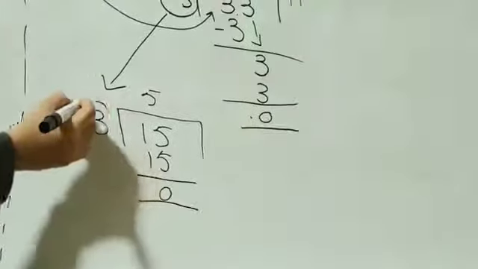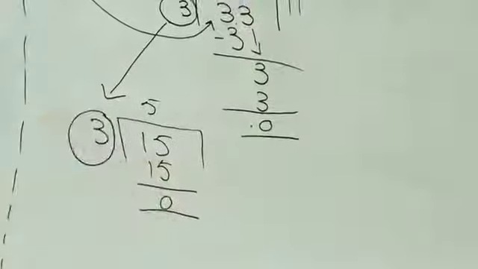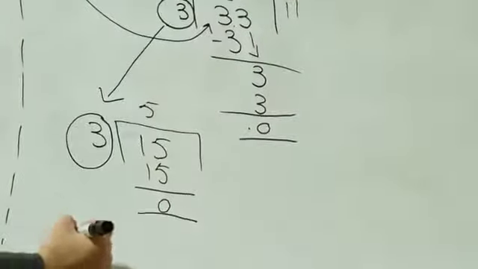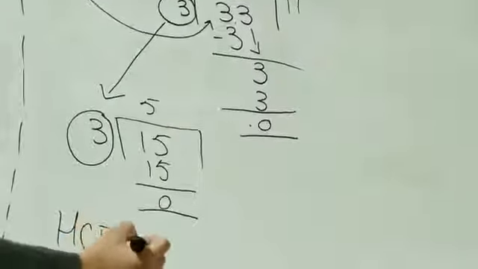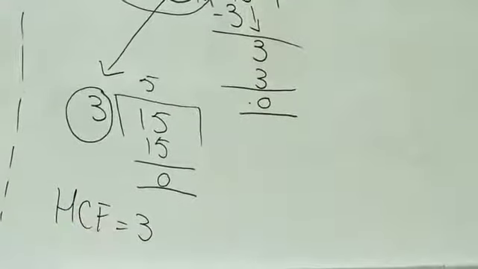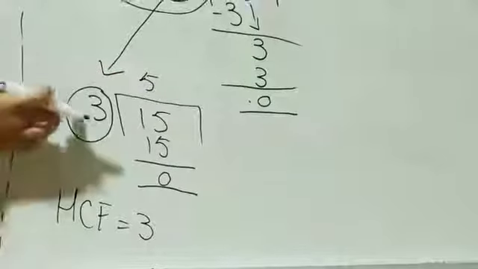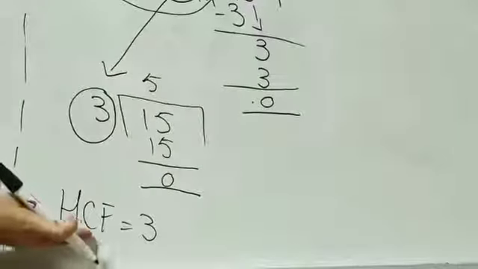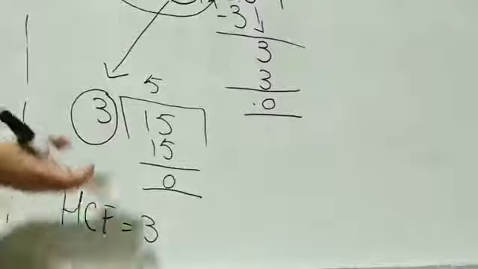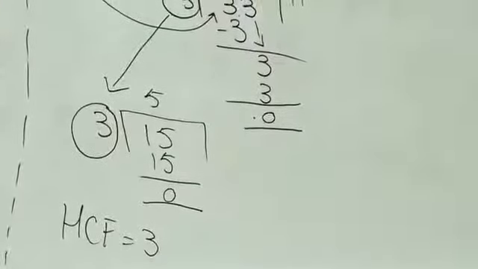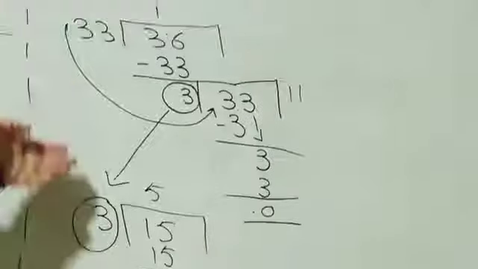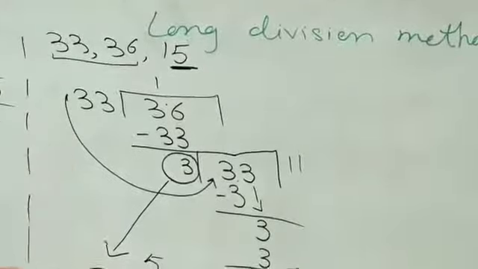Now the last divisor which you are getting here will be your HCF, which is equal to 3. You will not use your quotient as the HCF. The last divisor you will use as the HCF, the highest common factor of the numbers. So that's how you will do the long division method to find the HCF.